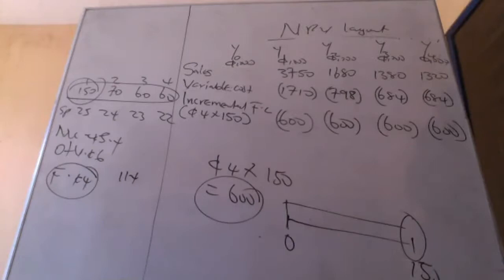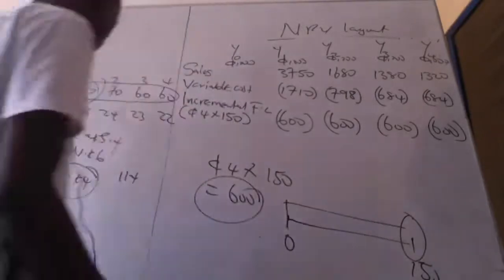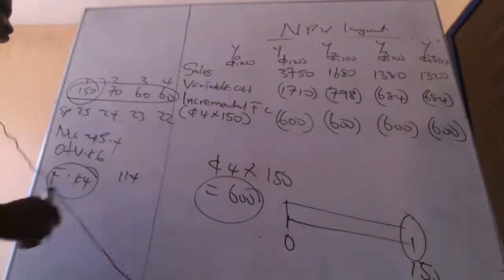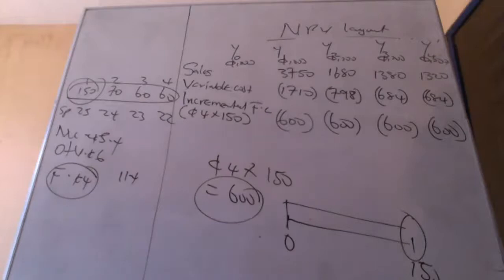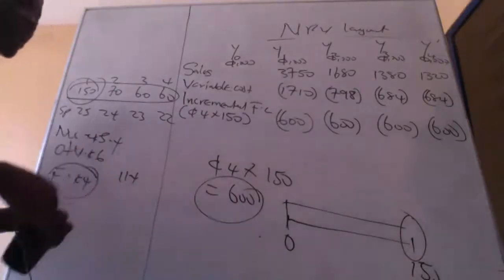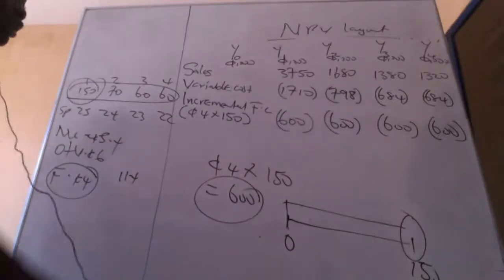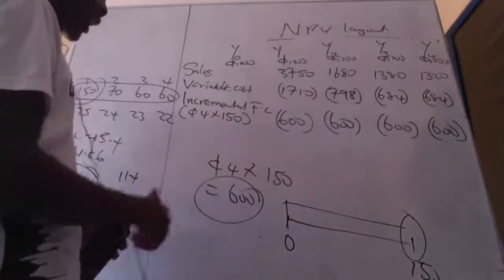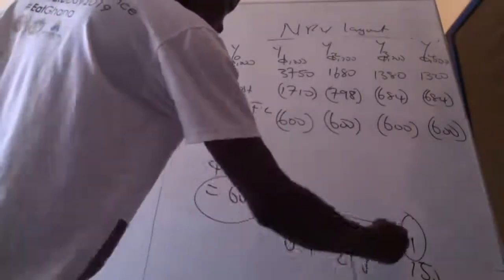Alternatively, someone can also find the average unit. You add all this and divide by the number. When you get the average unit and multiply by it, both will be correct. But the best way to do it is to get the fixed cost for year 1, and it will be the same for year 2, year 3, year 4.